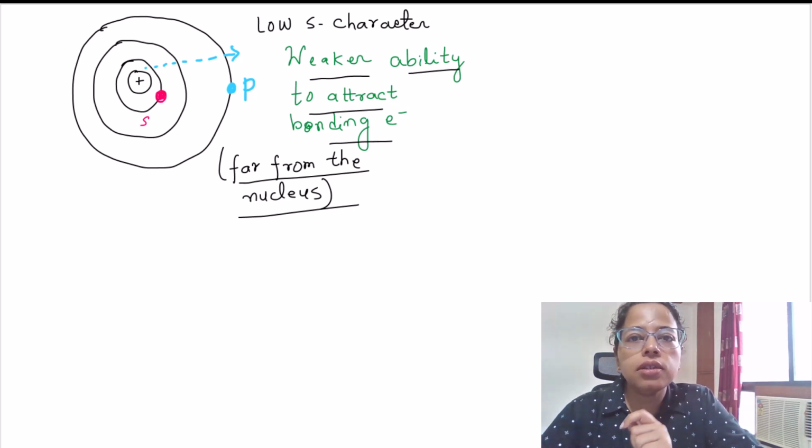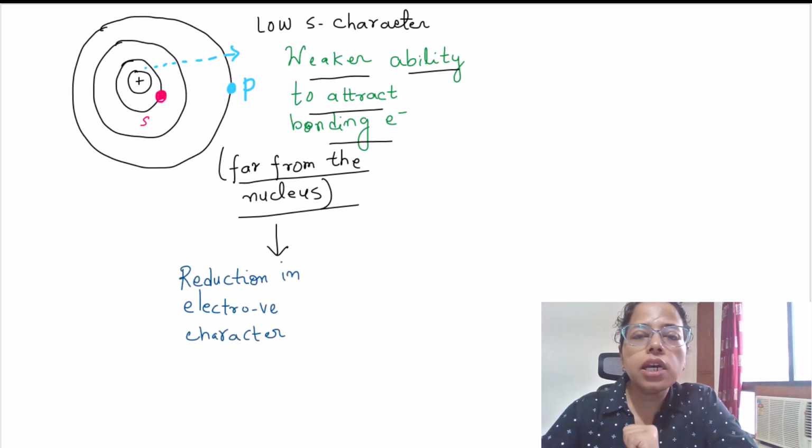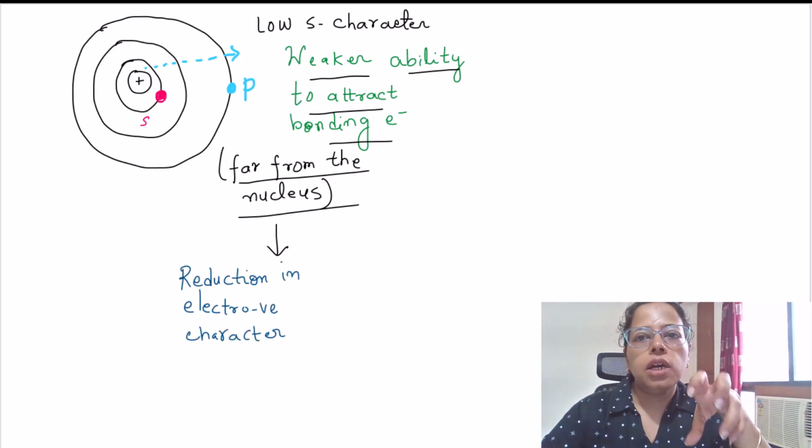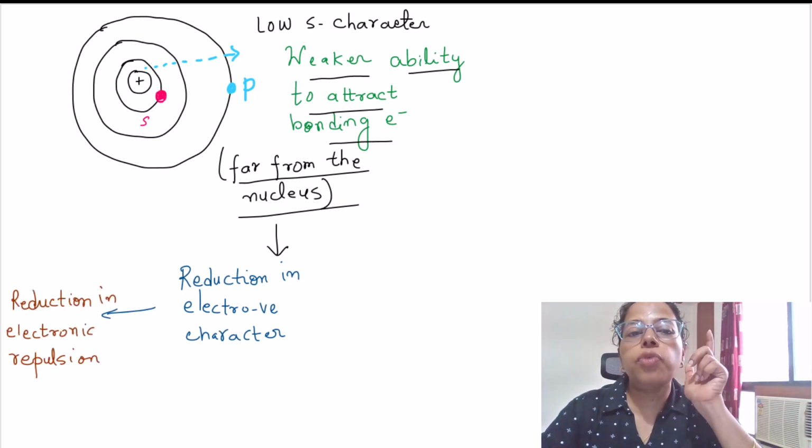And what does this result in? This results in the reduction of the electronegative character. And once the electronegative character is reduced, the repulsion from the neighboring electrons is also reduced. And that is exactly what we want in the CF3 free radical.